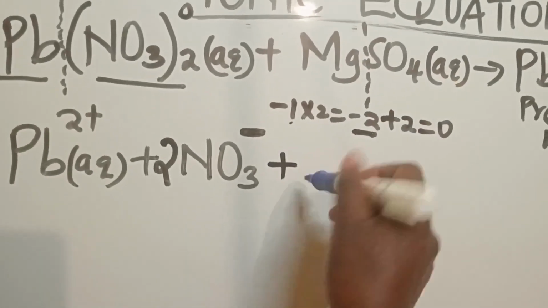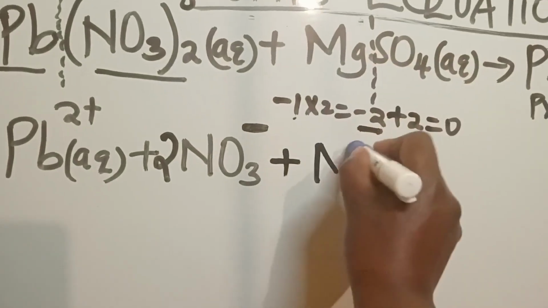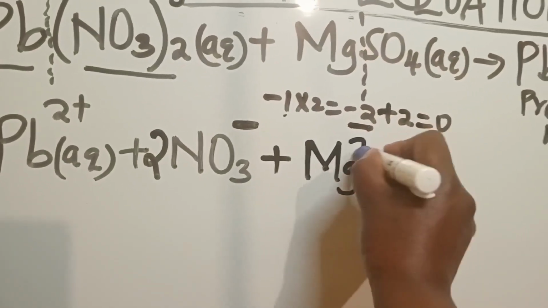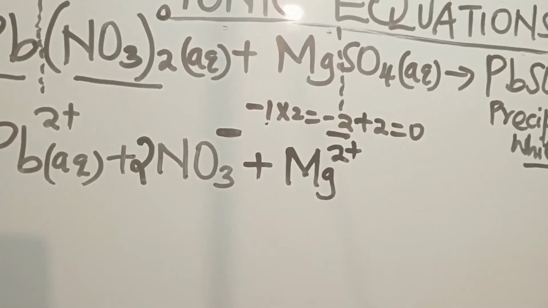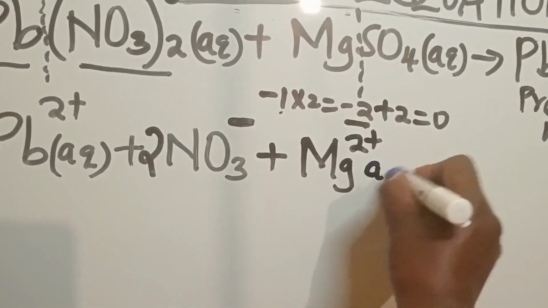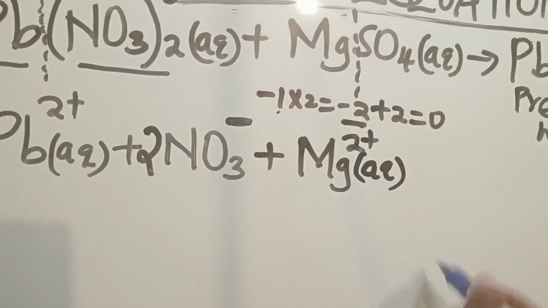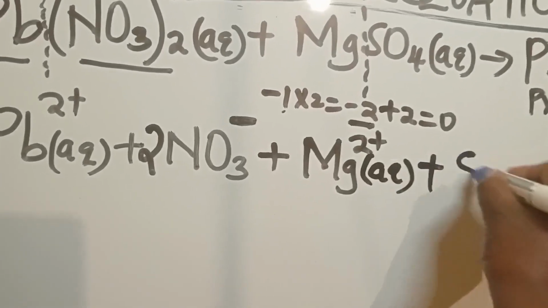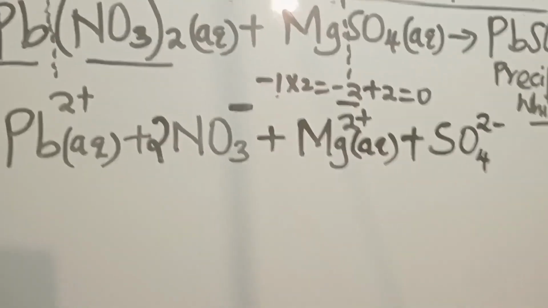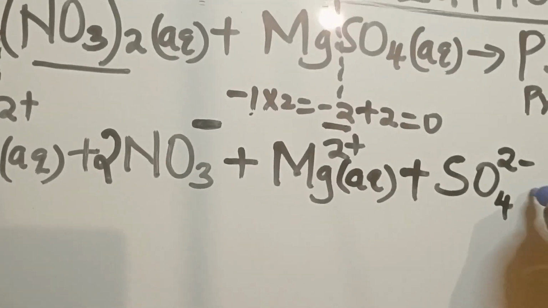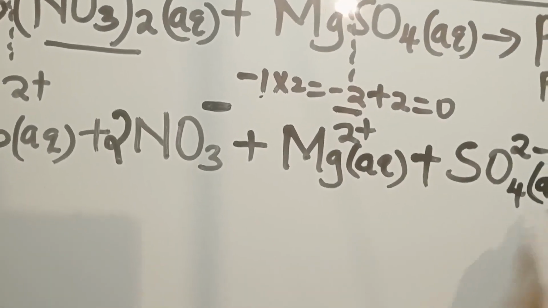So we got to it. Magnesium, remember it is in group 2. It loses 2 electrons, so with a charge of 2 positive, again in the aqueous state. Remember also the formula for the sulfate ion. It is written like that. Again, we write it in the aqueous state.